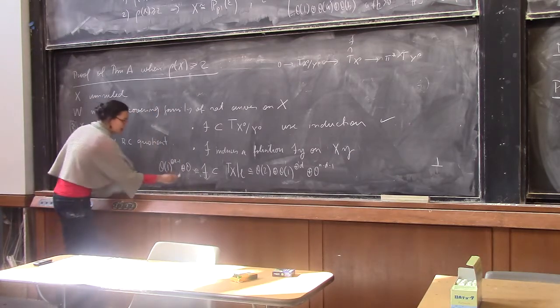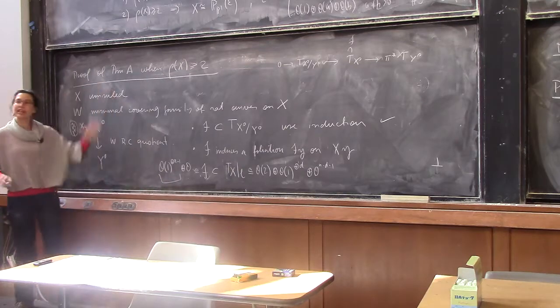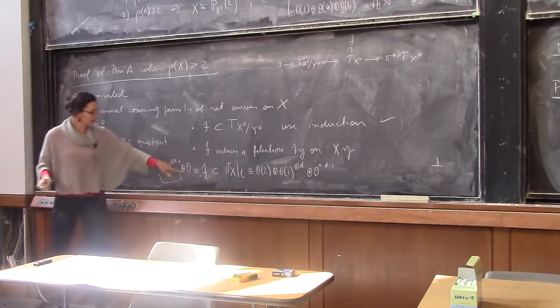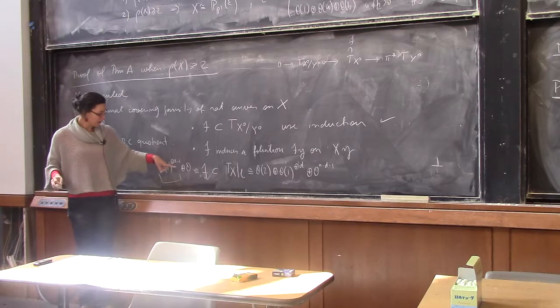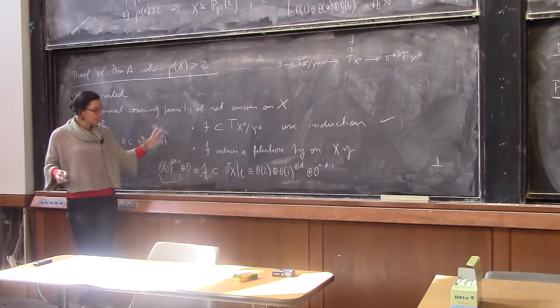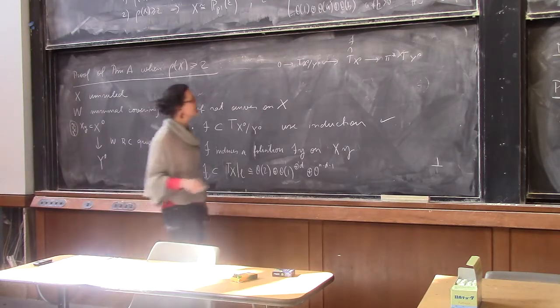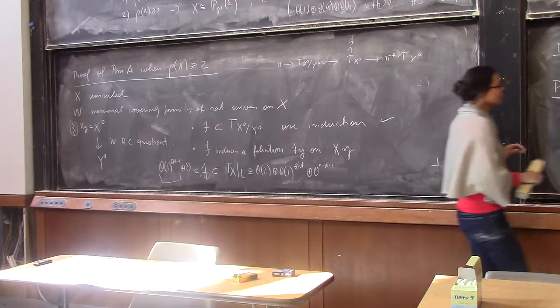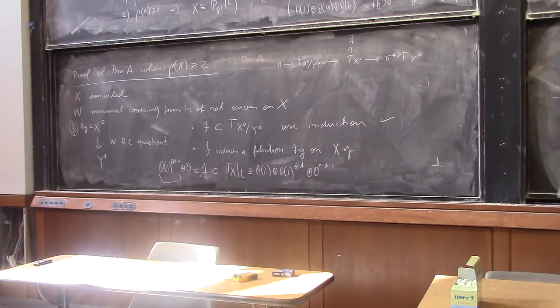Now, this part here must be contained in the fiber, because the normal bundle of the fiber is trivial. So what I'm trying to say is that the foliation induced on the fiber must have rank r minus 1.